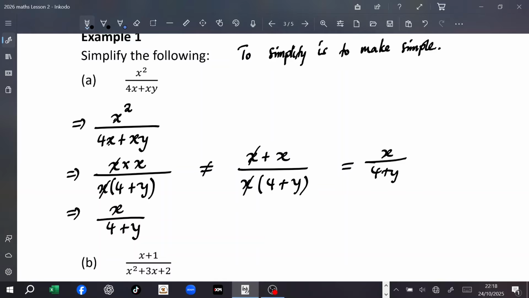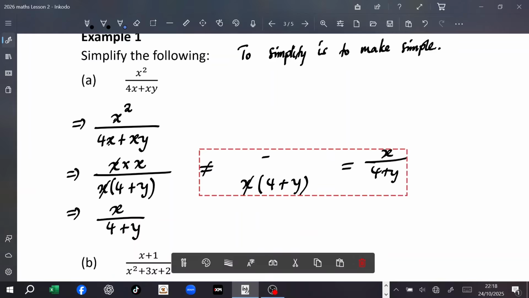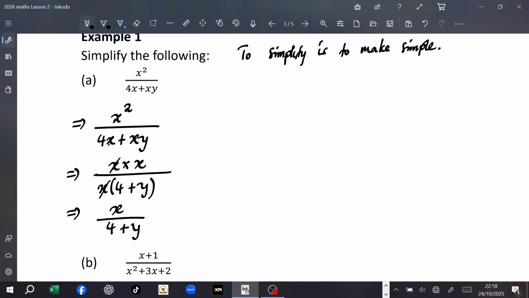That is not what it means. This one is wrong. If there's no multiplication, you cannot cancel like that. I hope that makes sense. Unless there is multiplication, that's why you can cancel like that. Okay, so our final answer is this one.